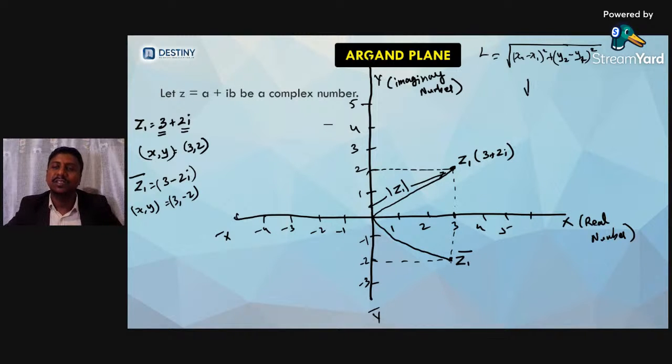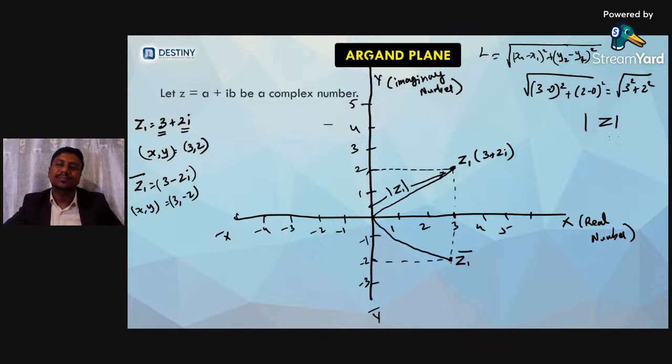So 3 minus 0 square plus 2 minus 0 square, it will become square root of 3 square plus 2 square. Looking at this, it is the modulus of z. So this line is nothing but modulus of z. This line is represented as modulus of z1.